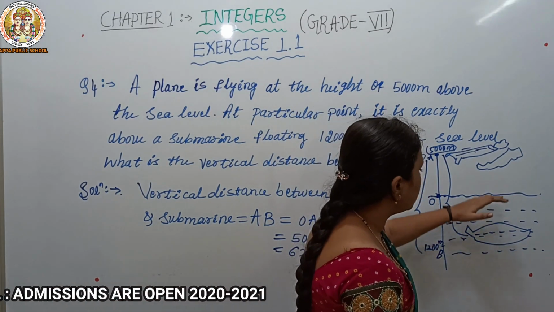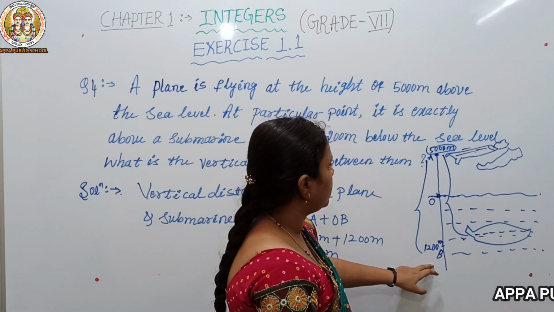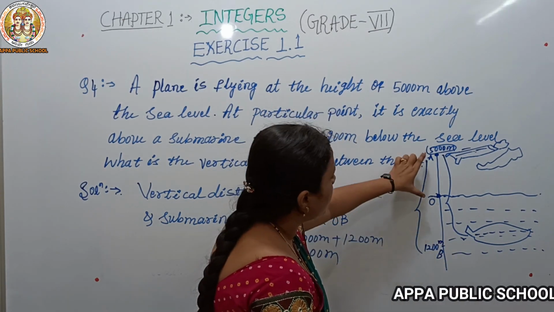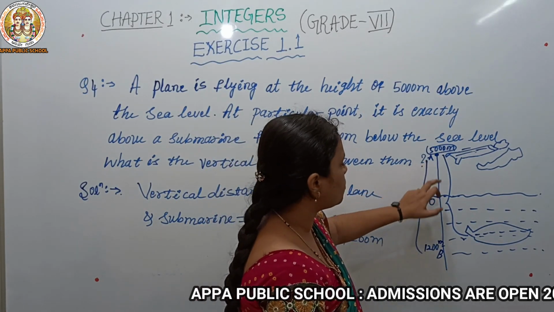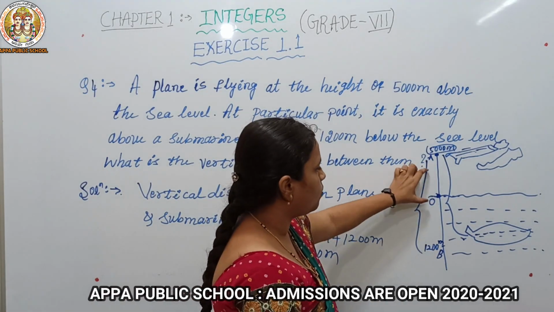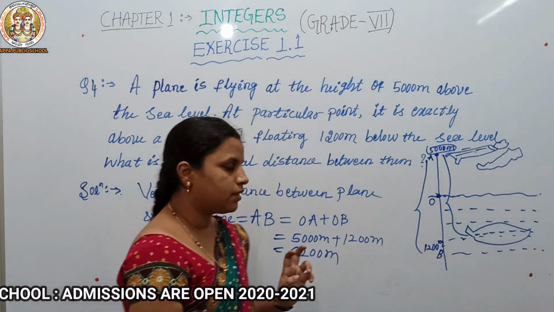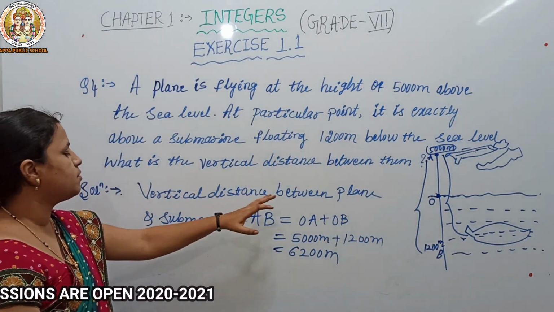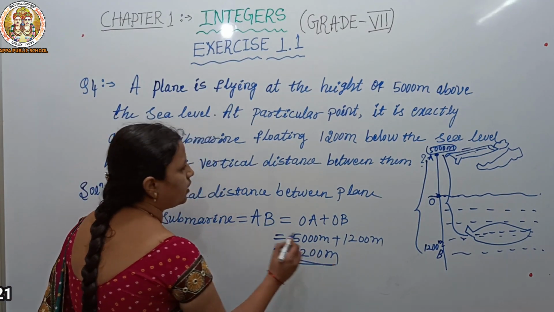The submarine is below the sea level at a distance of 1200 meters. Now we have to calculate the vertical distance, AB, which is OA plus OB. So OA is 5000 meters and OB is 1200 meters. So the vertical distance between the plane and submarine is 6200 meters.